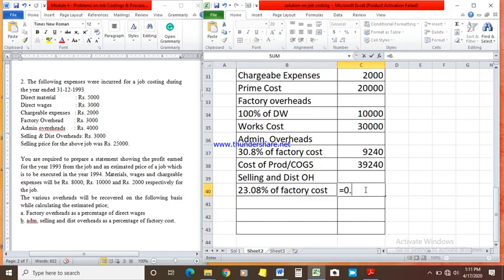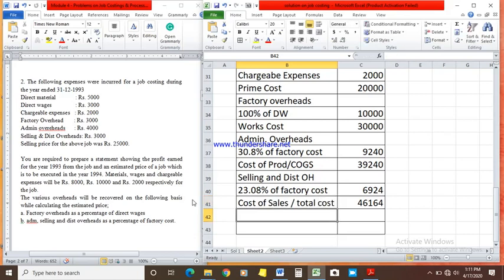Accordingly 0.2308 multiplied by factory cost, which is 30,000. So we get this value. So adding these two, we get cost of sales or the total cost.